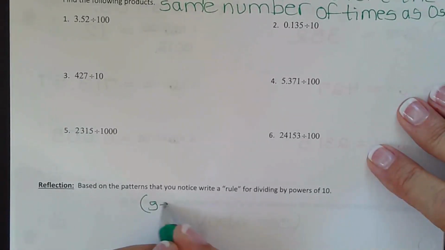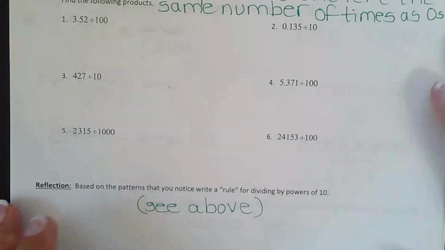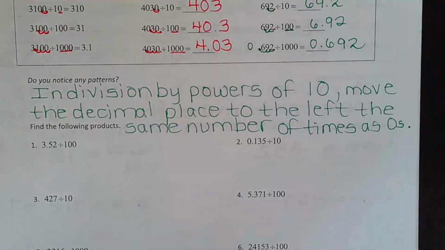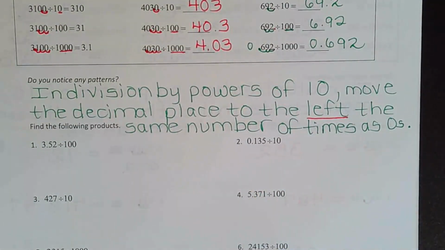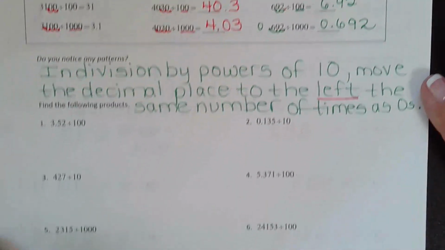And then we can write C above here again, since we already wrote the rule up there. So in division by powers of 10, move the decimal places to the left, and that would be something that I would highlight there or underline, the same number of times as zeros. So again, let's do the 3 in the left-hand column, and then you can do the 3 in the right-hand column.